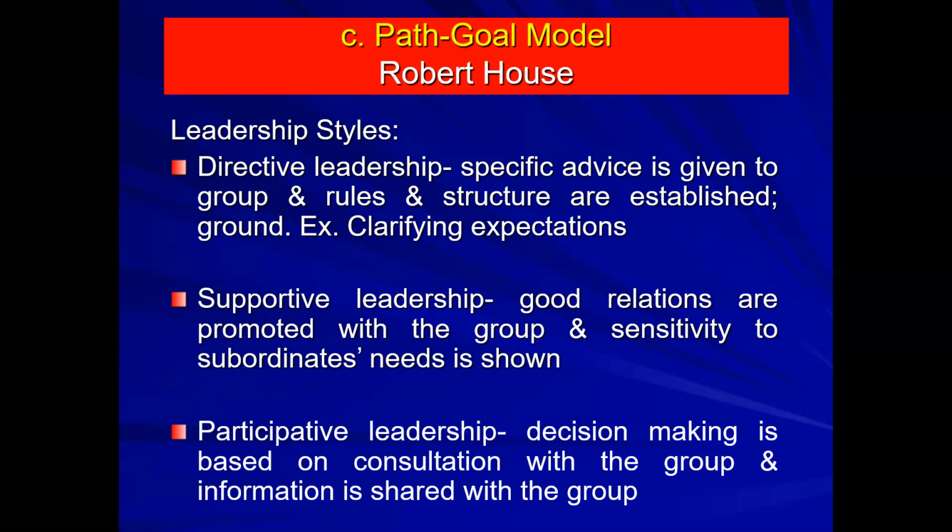So, decisions are actually made, they are built, based on our ability to ask the people, our ability to get in touch with the people, as well as with the group of people. So, leadership styles.